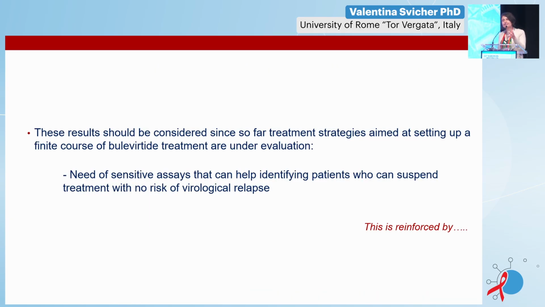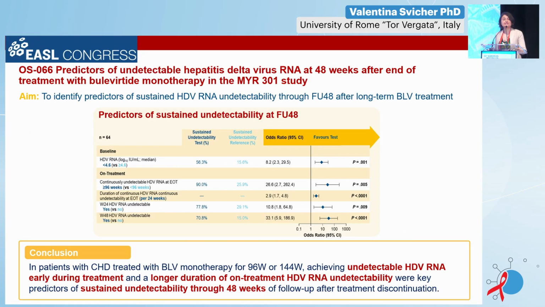These results should be taken into account in light of the fact that the scientific community is evaluating strategies aimed at achieving a finite course of bulevirtide treatment. And so here we need highly sensitive assays that can help identify patients who can safely suspend treatment with no risk of virological relapse.